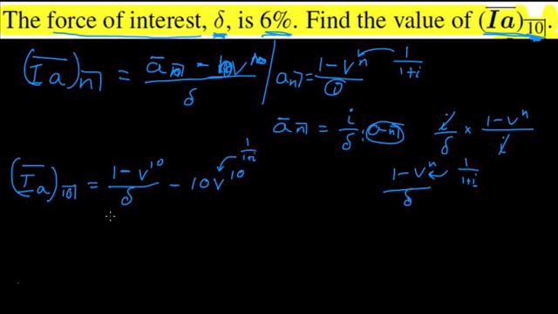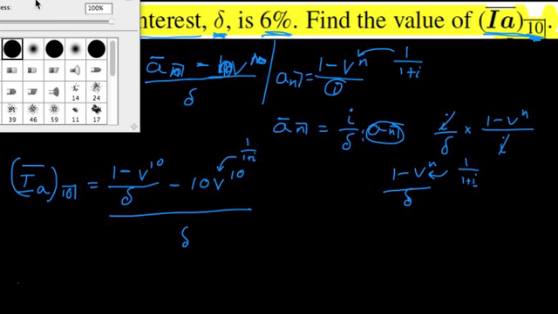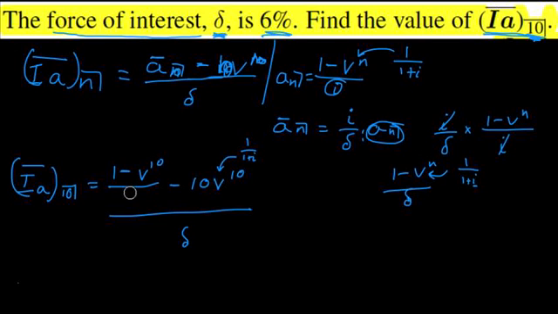So we can't start mistaking that for delta, and the whole thing is divided by delta, which is 0.06. I actually should have put that one in there. Sorry, I'm just going to make that smaller. So that is 0.06, and here 0.06. And I'm going to use Excel to calculate this.